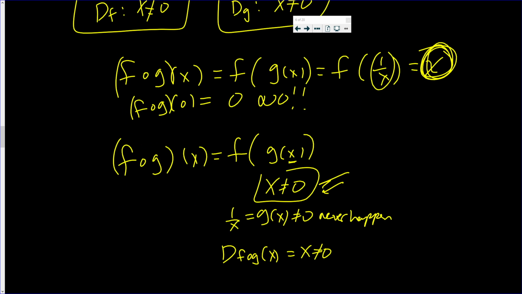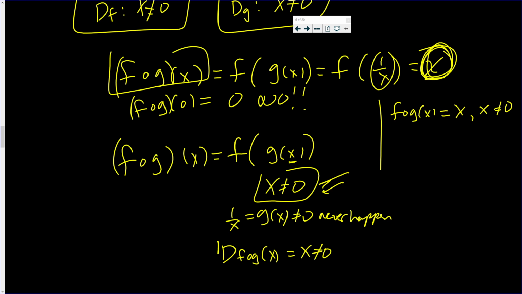So now, when we computed f circle g of x right here, and we set it equal to x, if we add on that x is not 0, because that's the domain, then we're okay. Because if somebody asked you what f circle g of 0 is, you would say, I don't know.